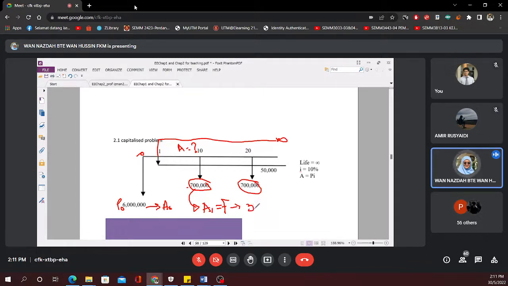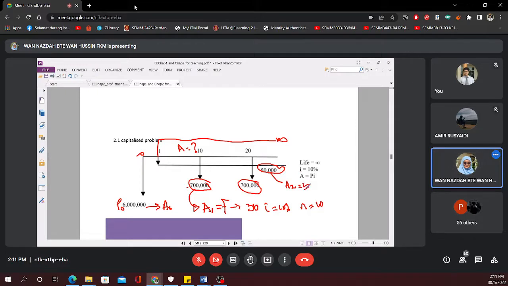Okay, so you just substitute the value. For capitalized project A, for a recurring situation, you just consider only one cycle. So for this one, your I is 10%, your N is 10, and your A2 is actually 50.